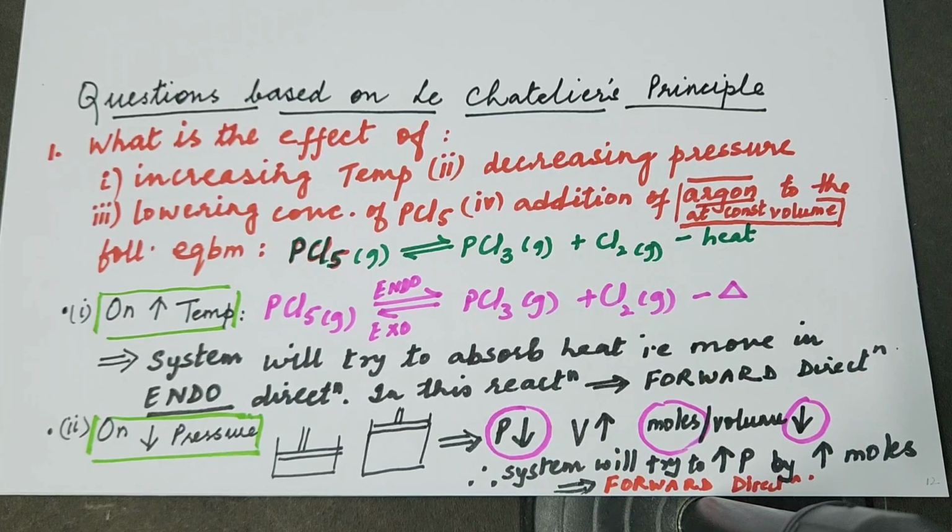If volume increases, the number of moles per unit volume decreases. Also, the direct way we studied: whatever happens to the pressure happens to the moles. So if pressure decreased, moles decreased, and what is the system going to do? It is going to move in the direction where the number of moles increase, and that is happening in the forward direction in this example.